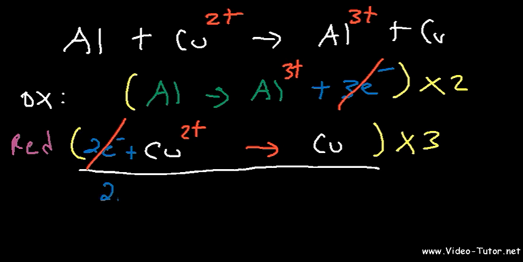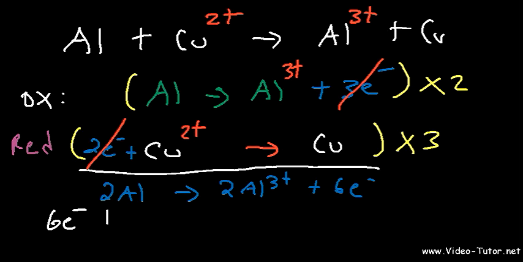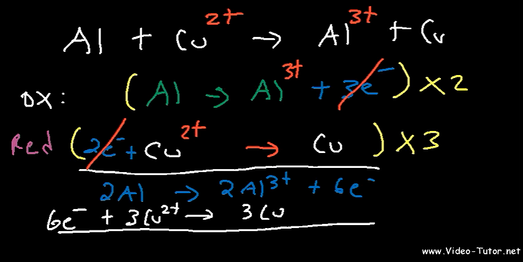So we have 2Al, 2Al3 plus, and 6 electrons. And here we have 6 electrons, 3Cu2 plus, 3Cu. And now we're going to add the two equations. So as you can see, these cancel.